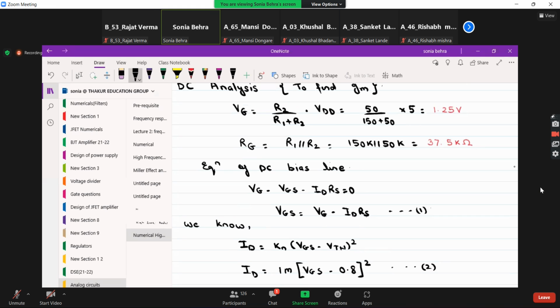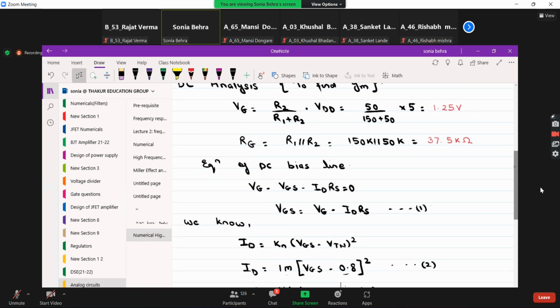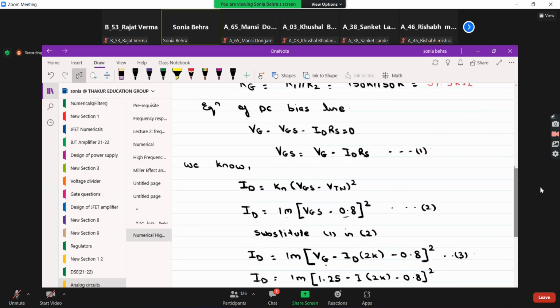And we know that for your E MOSFET, ID is given as Kn VGS minus VTN the whole square. Kn is given in the question, VTN is given, you put that and put the equation of VGS, VG minus ID RS, and you got equation 3.